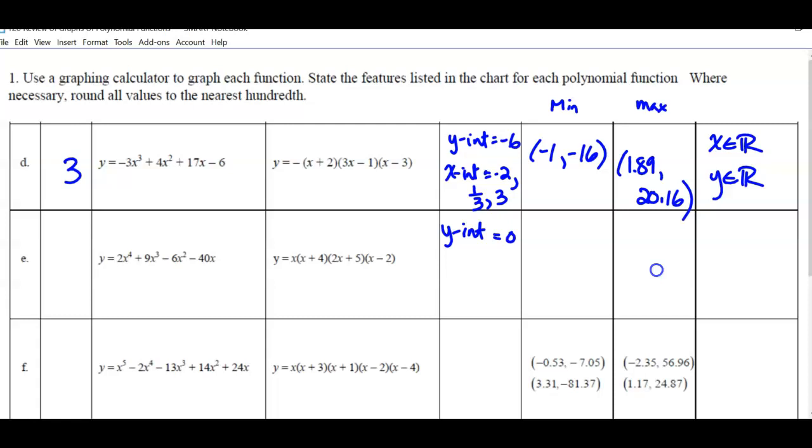And so there you can see, we'll go through the origin. X-intercepts: 0, -4, -5/2, +2. Every factor that has x in it gives you your x-intercepts. I'm not going to spend the time graphing and using max and min. You can do that on your own.